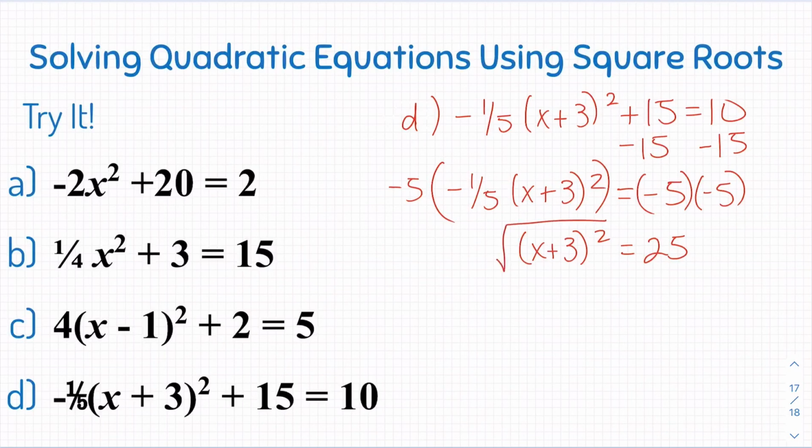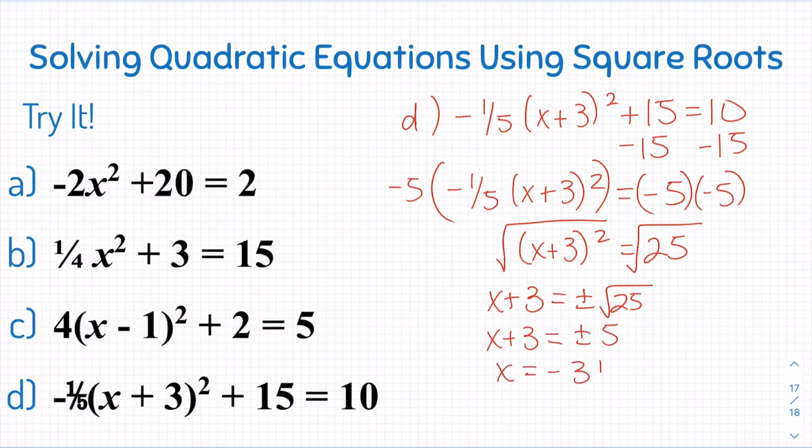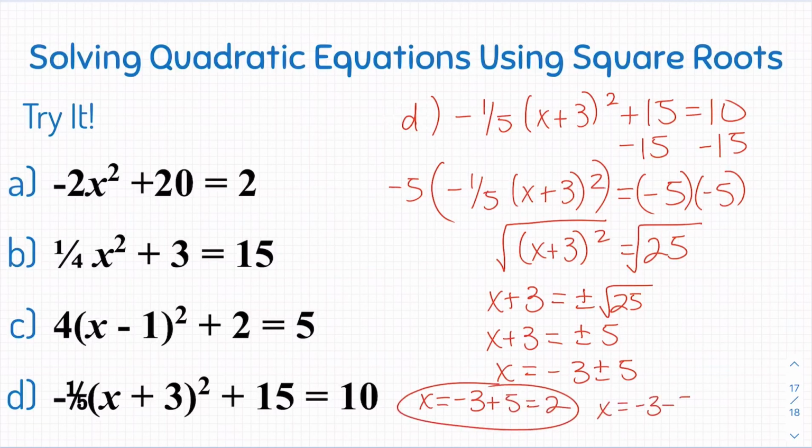Then I take the square root of both sides, and I get x plus 3 equals plus or minus square root of 25. But the square root of 25 is super clean. It's just 5. So my two solutions are x equals negative 3 plus 5, which is 2, and x equals negative 3 minus 5, which is negative 8.